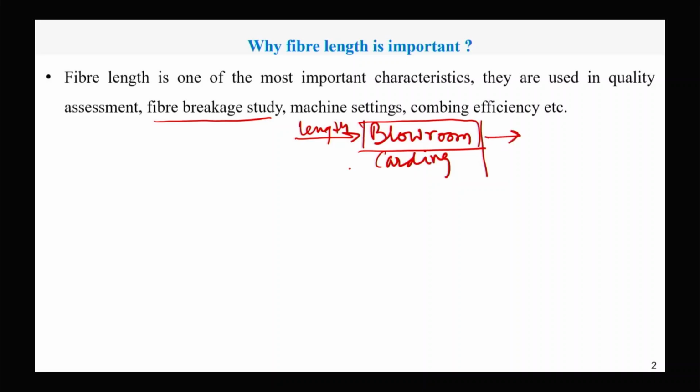Similarly for carding. If there is any breakage which is undesirable, like level of breakage is high, then we can change the setting of the blow room or carding.